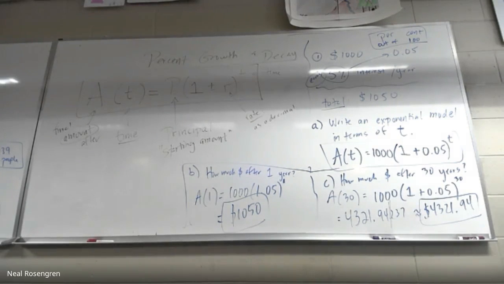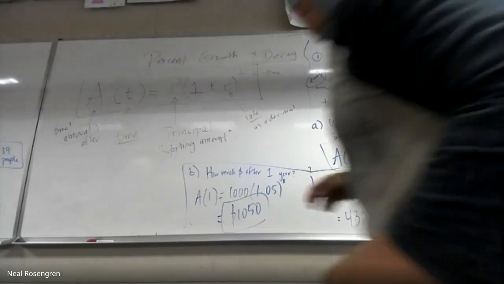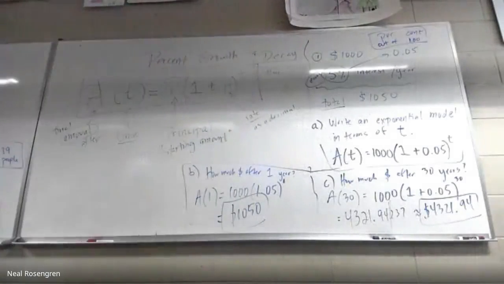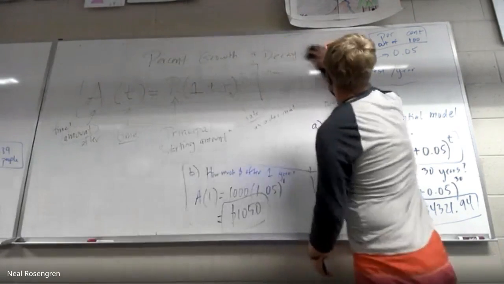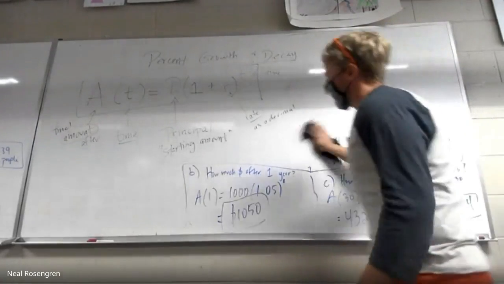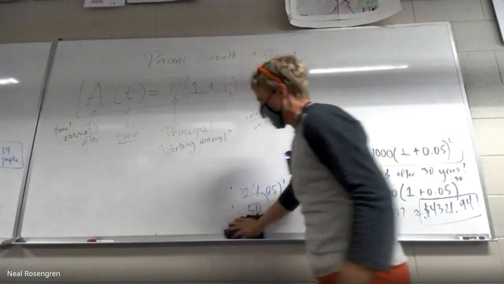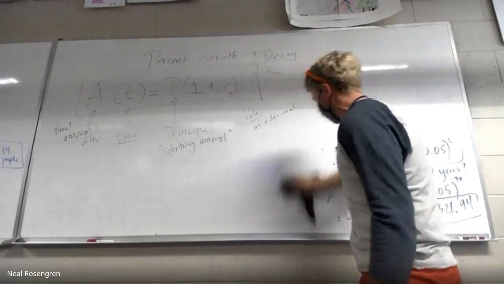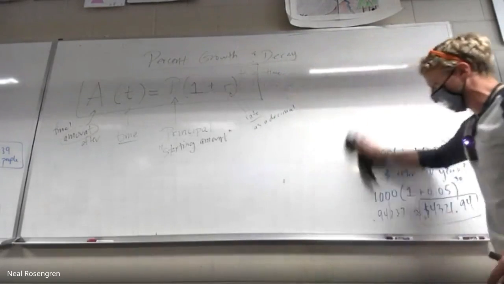Sure. So, why don't we do the first one together. How about that? Let's do the first one together. So I'm going to leave this formula right here so I've got a spot. I'll write some stuff next to it. Okay. All right, this one's talking about money, but they don't say anything about compounding interest. So we're in luck. We don't have to use anything but that formula right there.